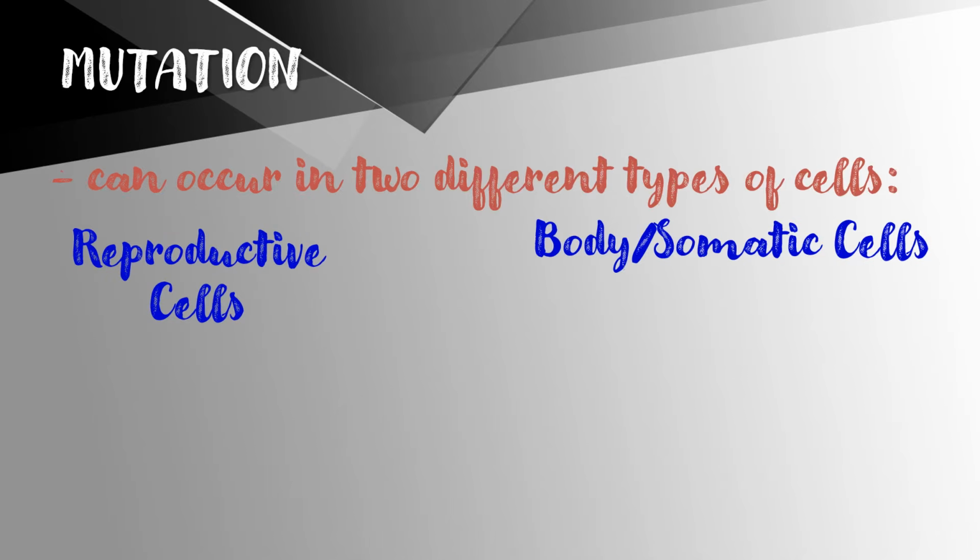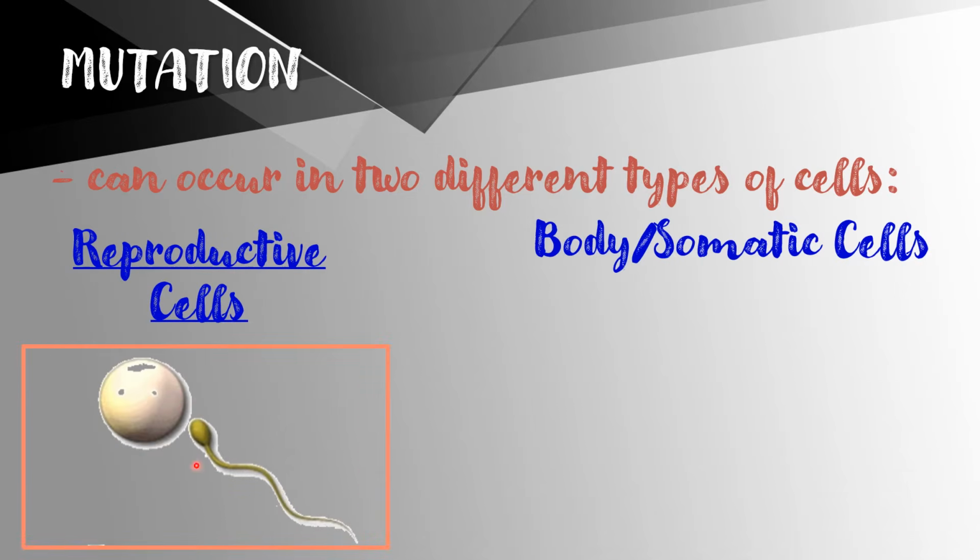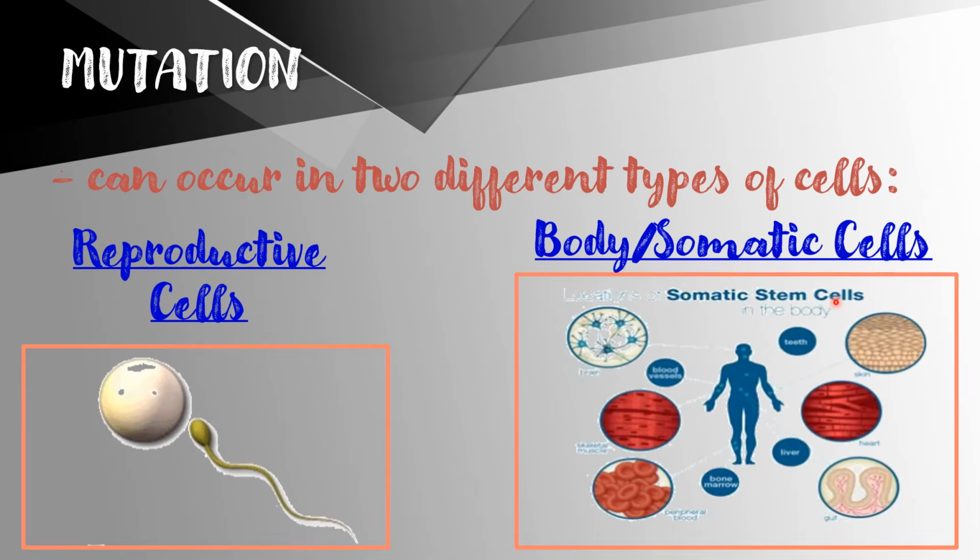Mutation can occur in two different types of cells. Number 1, reproductive cells. We have here the egg cell as well as the sperm cell. Number 2, we have body or somatic cells. Ito naman ay tumutukoy sa lahat ng cells sa katawan except the egg cell and the sperm cell. At iyan ang dalawang uri ng cell na pwedeng pangyarihan ng mutation.